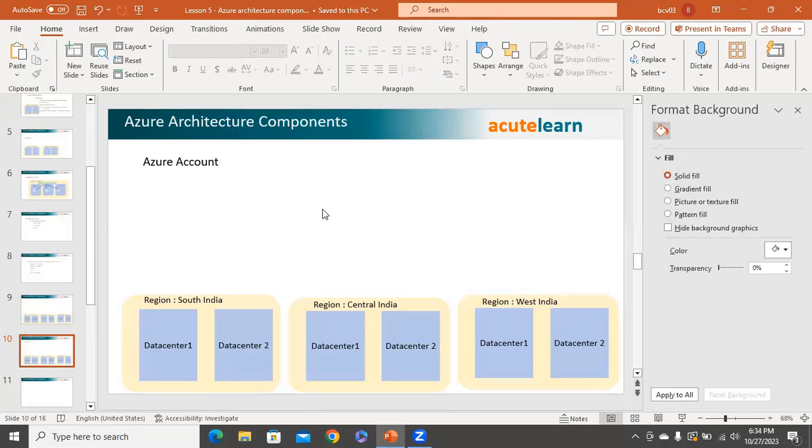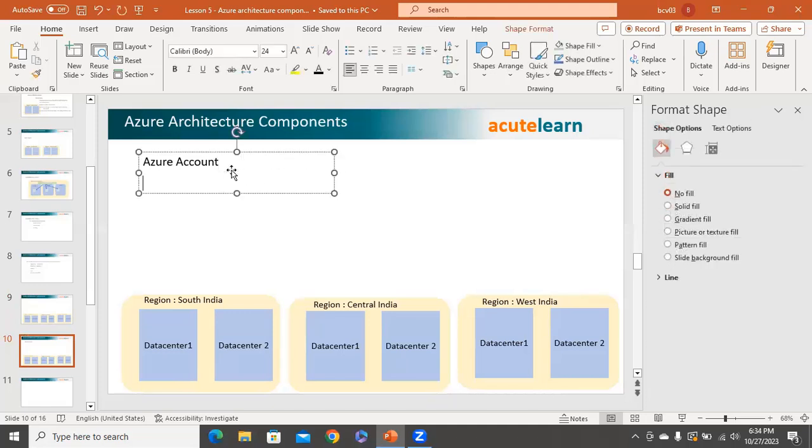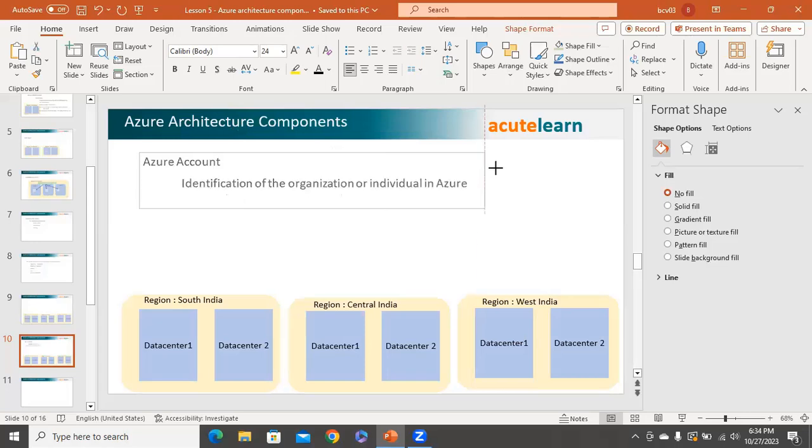Anybody who would like to use the Azure services needs to have an account in Azure. An account is just an identification of the organization or an individual in Azure.